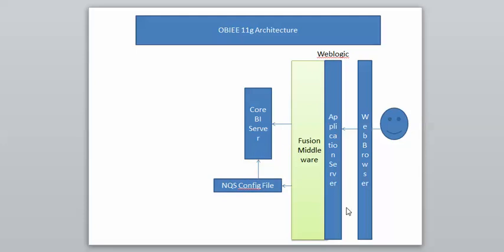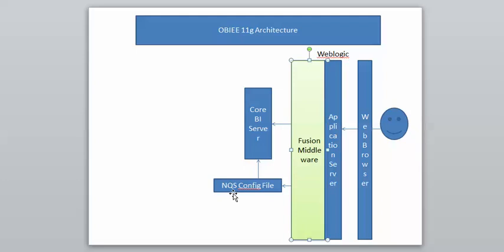The BI server will not affect anything in the NQS config file, it just reads it. If you want to write something to the NQS config file, then you should do it through Fusion middleware. Now the beauty of managing it through Fusion middleware is that it provides a graphical user interface to modify the settings of the NQS config file, and there is less chance of error.